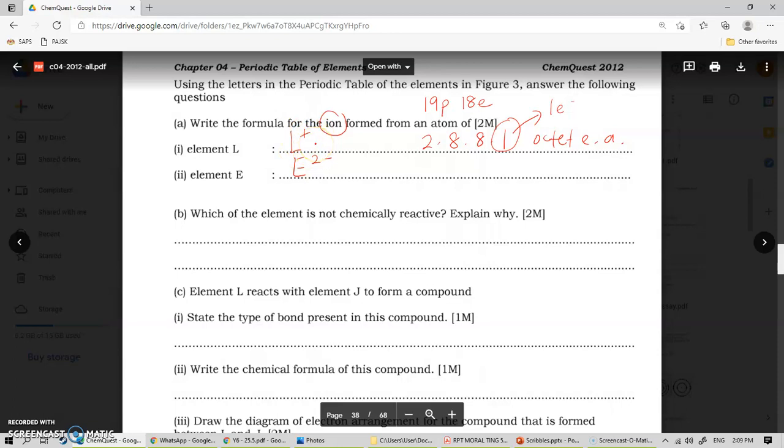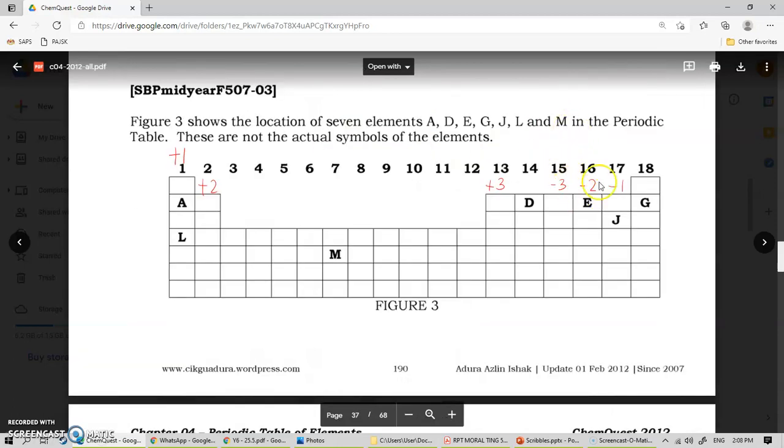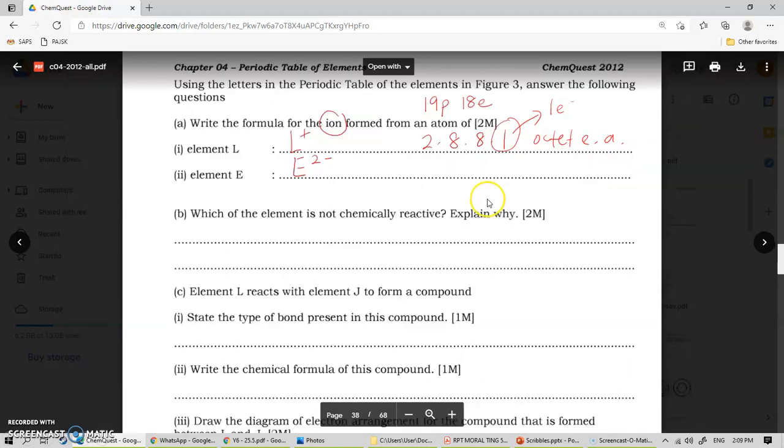Okay, E is in group 16 and period 2. So that means it has 2 shells filled with electrons. Group 16 means the valence electron is 6. So what it wants to do is receive 2 electrons so that it can achieve 2.8, which is the octet electron arrangement.